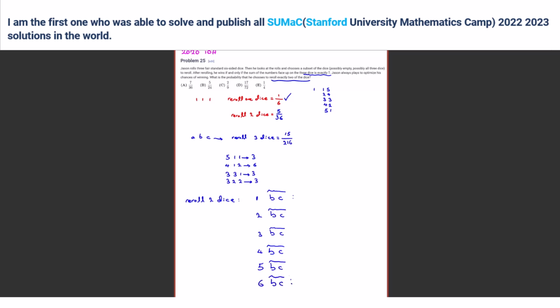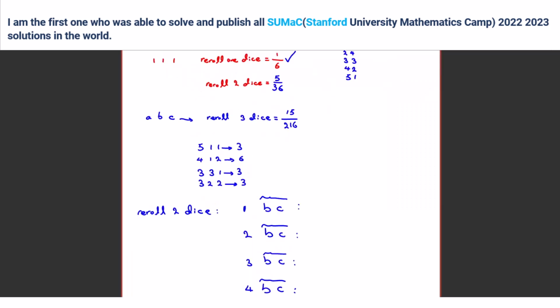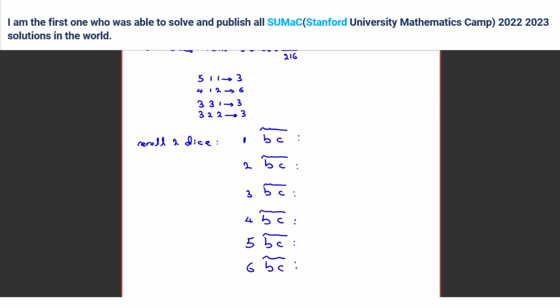We should calculate the probability of each of them. We don't want to see in what case we reroll first; we want to calculate and then compare. Suppose we have 1 and we want to reroll the other 2 dice. The probability to reach sum 7 is what?